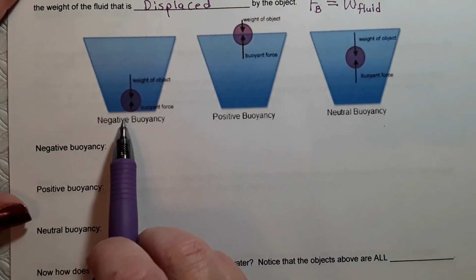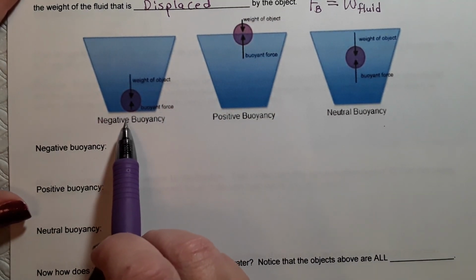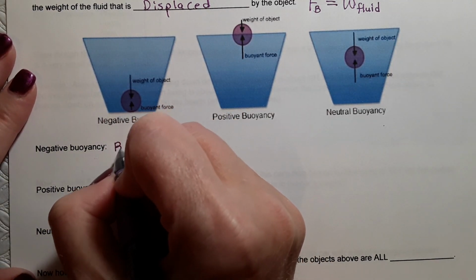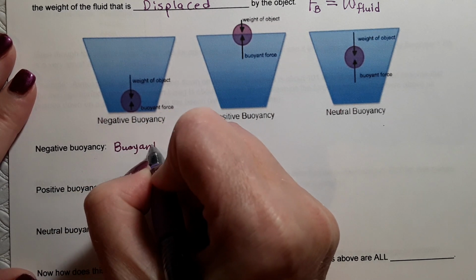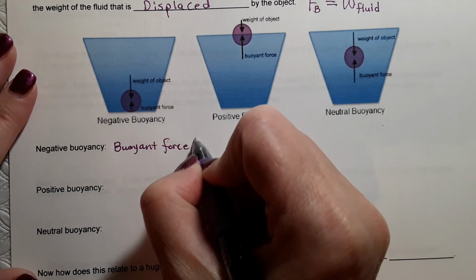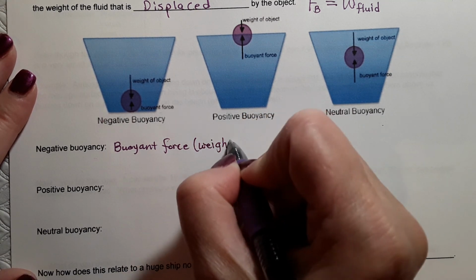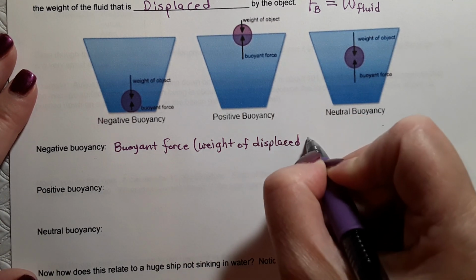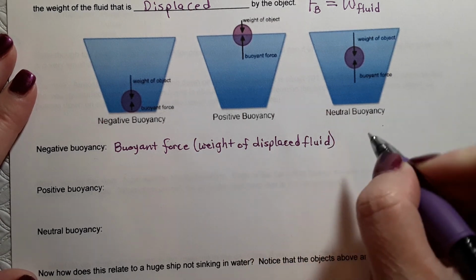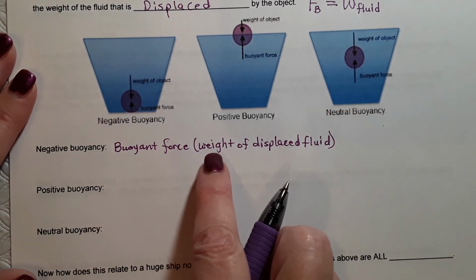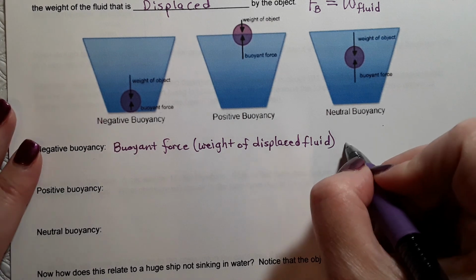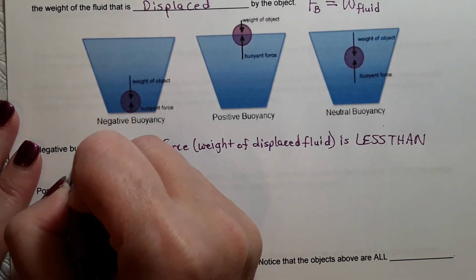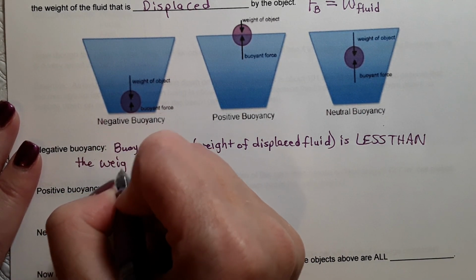First is negative buoyancy, and this is the object that sinks to the bottom, because here the buoyant force, or weight of the displaced fluid, and we're going to say fluid here instead of water because it could be any liquid or gas, the buoyant force or weight of the displaced fluid is less than the weight of the object.